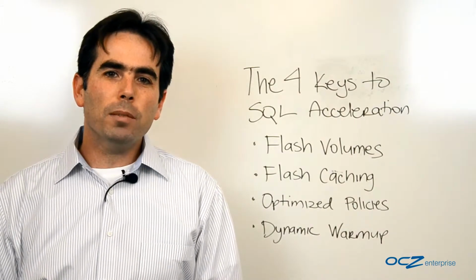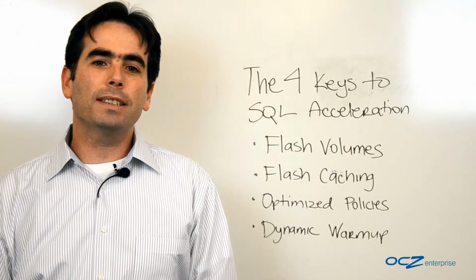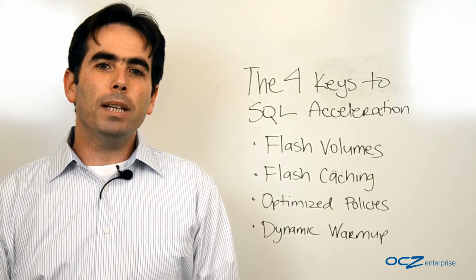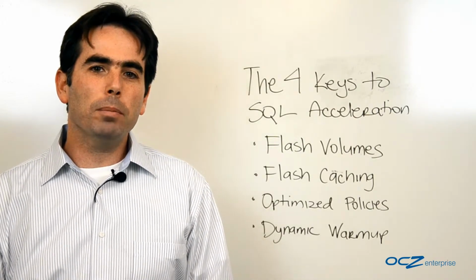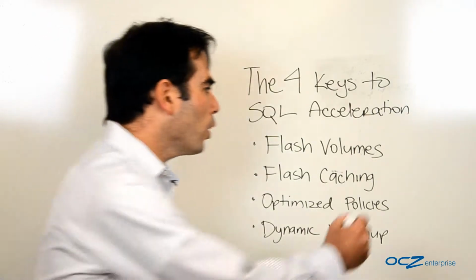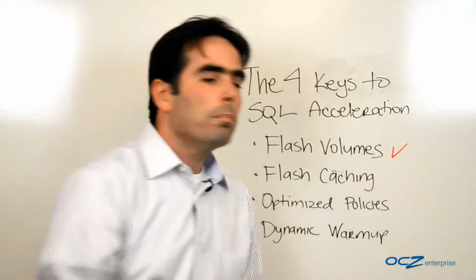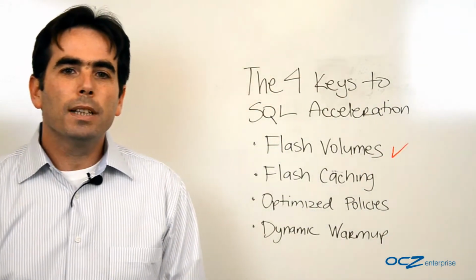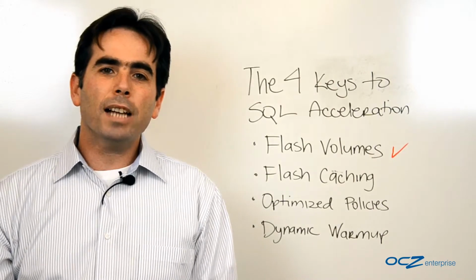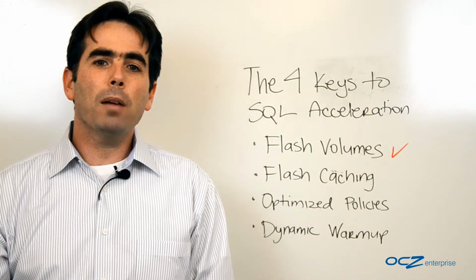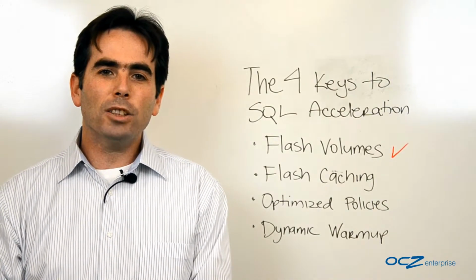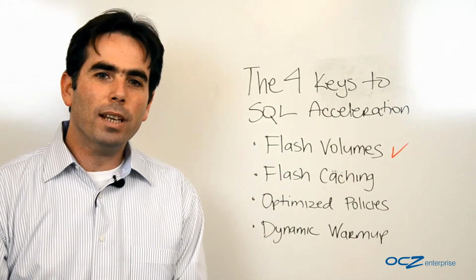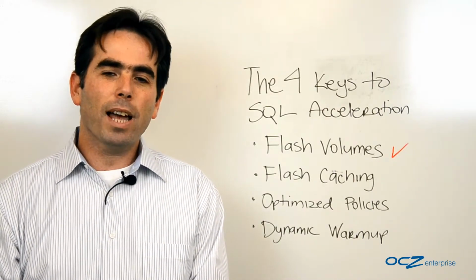We have found that these elements, such as tempdb, really fit well with on-host flash volumes. So the first item you want to make sure that you have in an acceleration card is the ability to host such things as tempdb on a flash volume. But larger volumes, such as your online transactional volumes, many times will not fit into the flash, or you do not need all of the data in them in the flash.